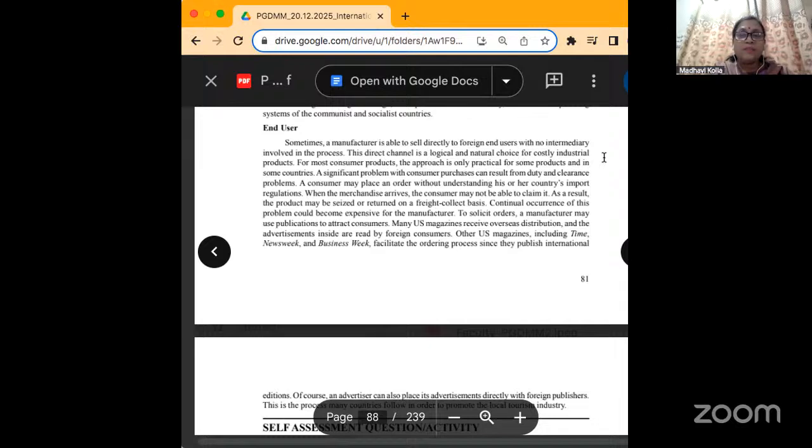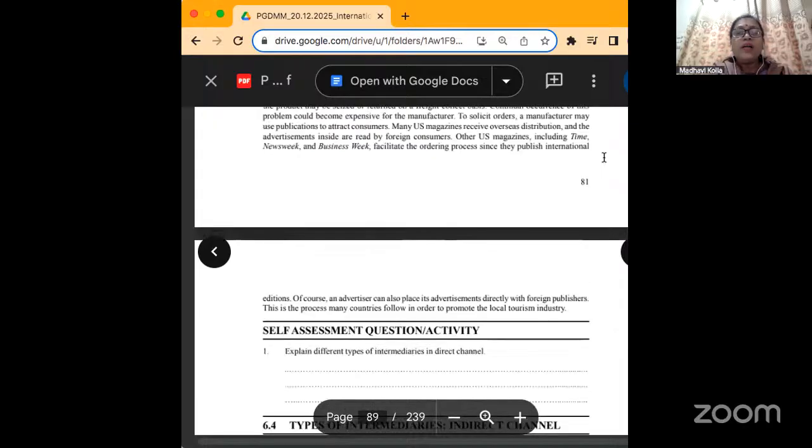So here, what the company does is it also utilizes some magazines, like we have spoken about in the last session, like Time, Newsweek, Business Week, where the customers are able to place an order directly on a particular number, or a particular contact email ID, or at a particular address, and then the product is shipped to them directly.